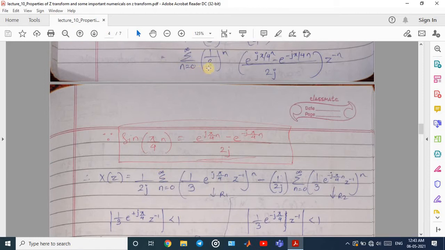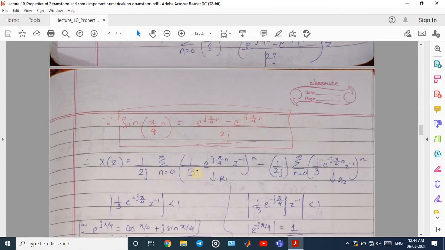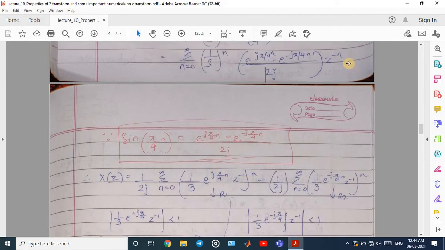This term is multiplied with this term because it has common power n. So 1 upon 3 into e to the power j pi by 4 n and z inverse n. Here z inverse is taken, so we will get power of z as positive n.